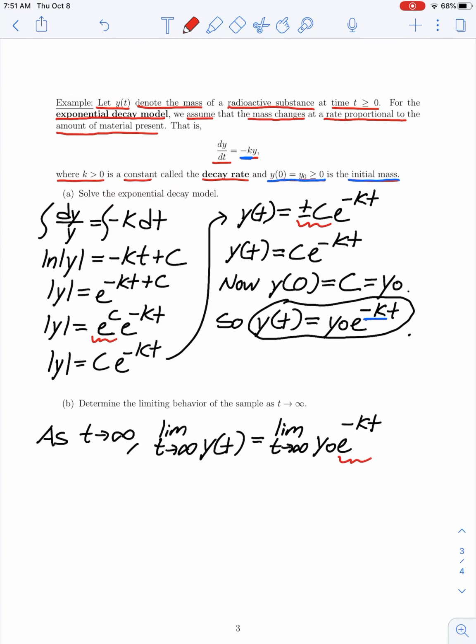And for this exponential, e to the negative kt, since our exponent is negative, as t increases, the value of this function decreases to 0. So over a long enough period of time, our mass will decay to nothing. We will be left with no more of this radioactive substance.